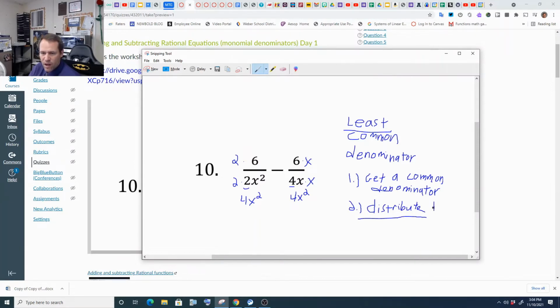Usually have to distribute the top. And then after you distribute the top, step number 3 is you're going to go ahead and combine, C-O-M-B-I-N-E. So combine the top.